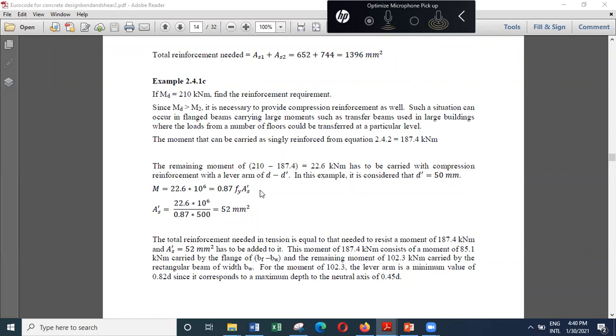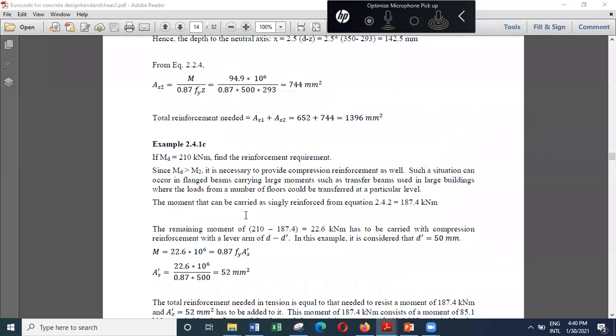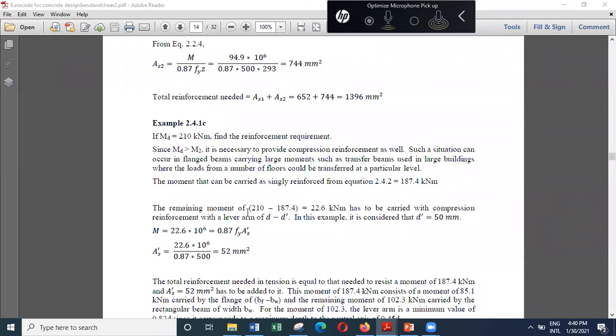And the value of Z is actually 500 millimeters. Oh, sorry. Take the value 22.6 multiplied by 10 to the power 6 divided by 0.87 divided by 500 divided by 300.